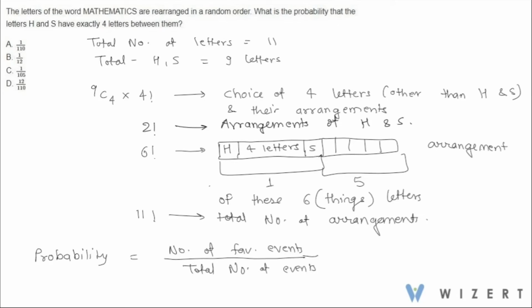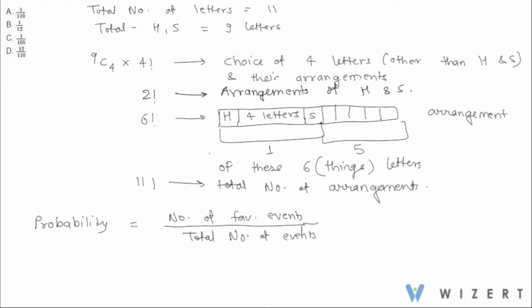Now if we look at the above parts of the equation, we know that multiplication of these 3 will give us the number of favorable events. So we have 9C4 multiplied by 4 factorial multiplied by 2 factorial multiplied by 6 factorial divided by 11 factorial.